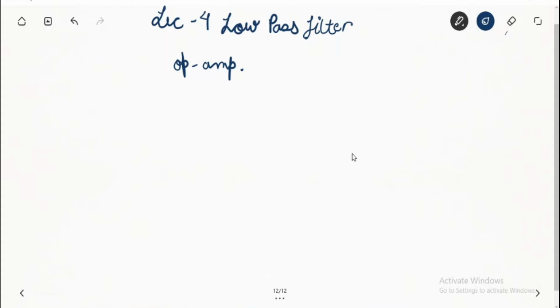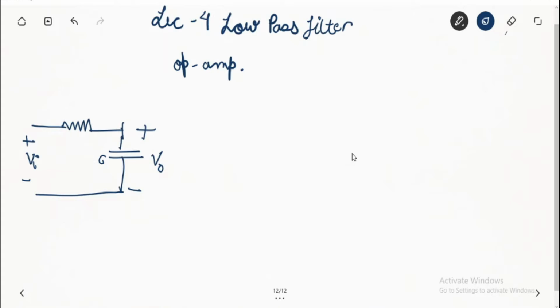So we require a resistance in series, and now we have to take the voltage drop across the capacitance. We have given a supply Vi, positive, negative, and I'm taking the output across the capacitance.